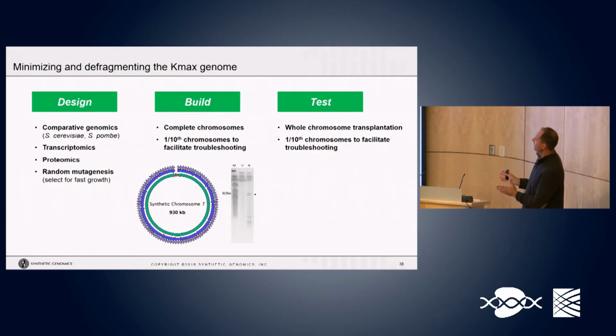Our build process is to build these chromosomes individually, and we've already actually built one of these chromosomes, chromosome 7, shown here, 930 kb. And then our test approach is similar to the genome transplantation work that I discussed, only it's not a whole genome at a time, it's one chromosome at a time.